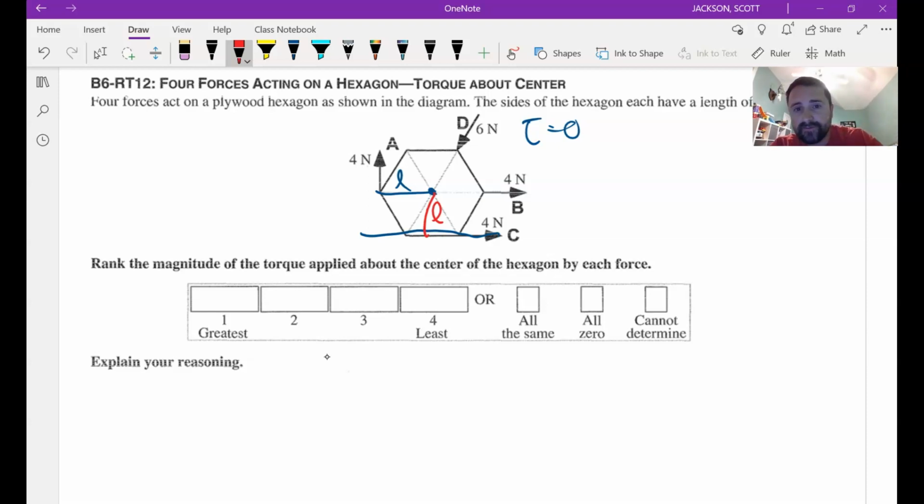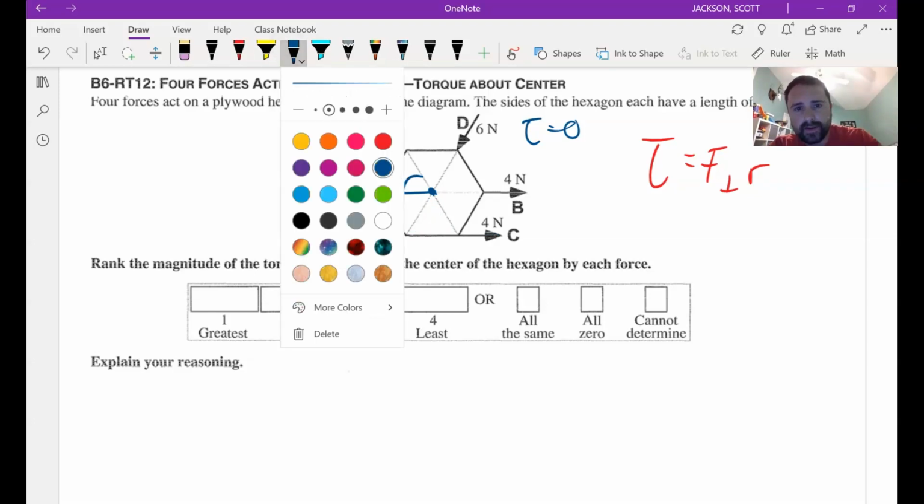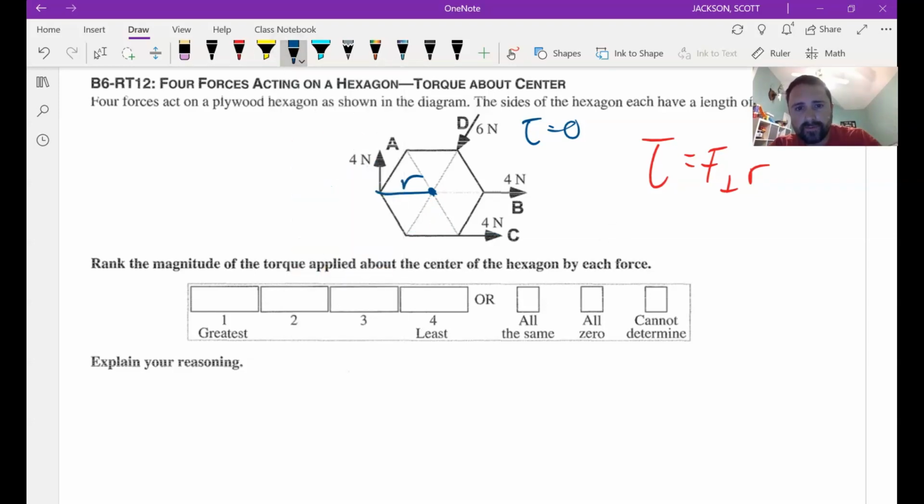Maybe it's easier to do the torque equals F perpendicular to R. So let's look at R. So R, axis of rotation to the force. There's R. Now this one, R is from axis of rotation to the force. There's R. I can see all of that force is perpendicular, and on this one, I see only some of that force is perpendicular.